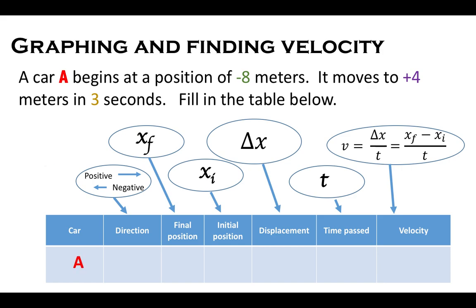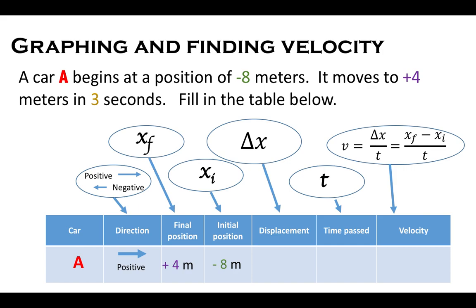Car A begins at a position of -8 meters, and it moves to +4 meters in 3 seconds. So that means it's moving in the positive direction. The final position, it moves to +4 meters. So the final position is +4 meters. The initial position was -8 meters.